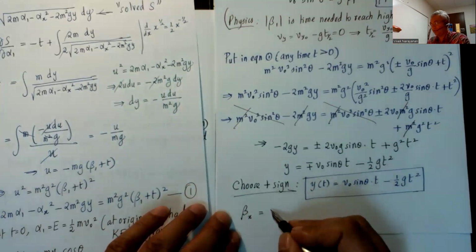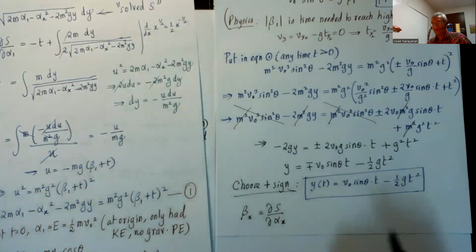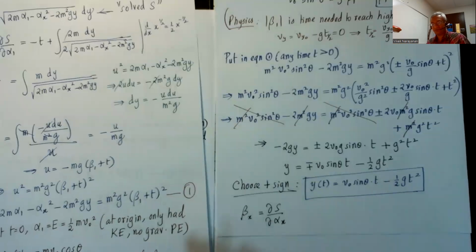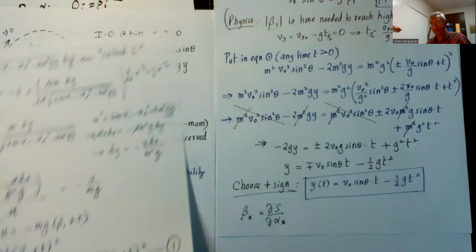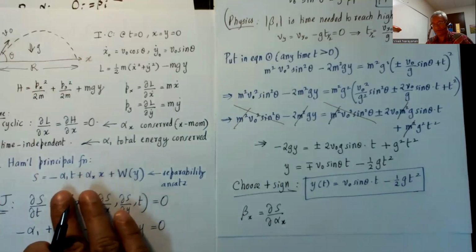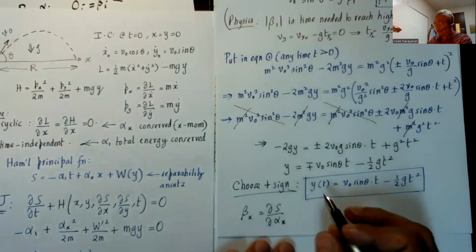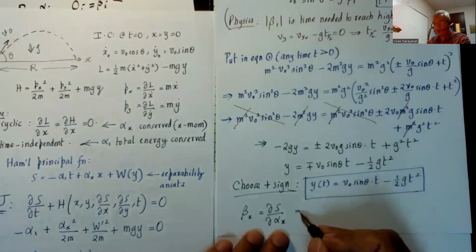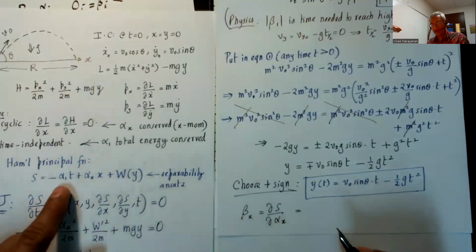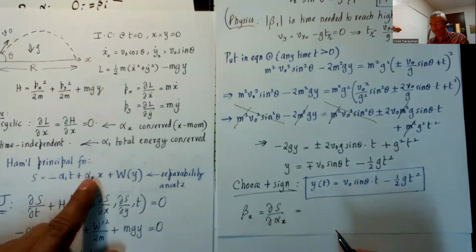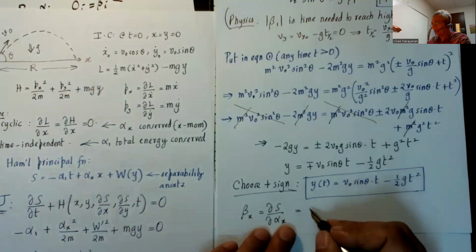Beta x is del s by del alpha x, where s was given here. All right, let's execute. Alpha 1t won't contribute. If I do the derivative with respect to alpha x, I'll just get x.